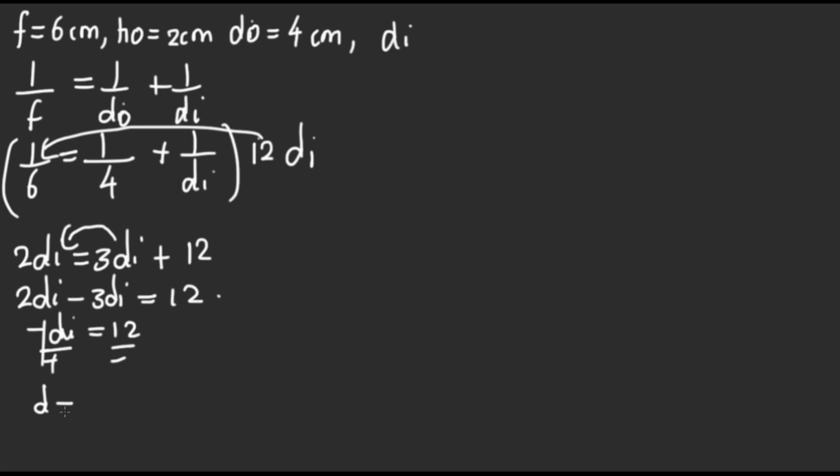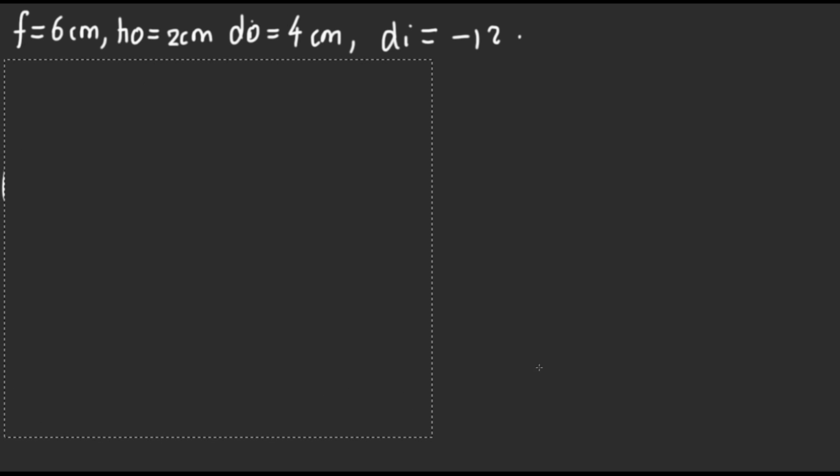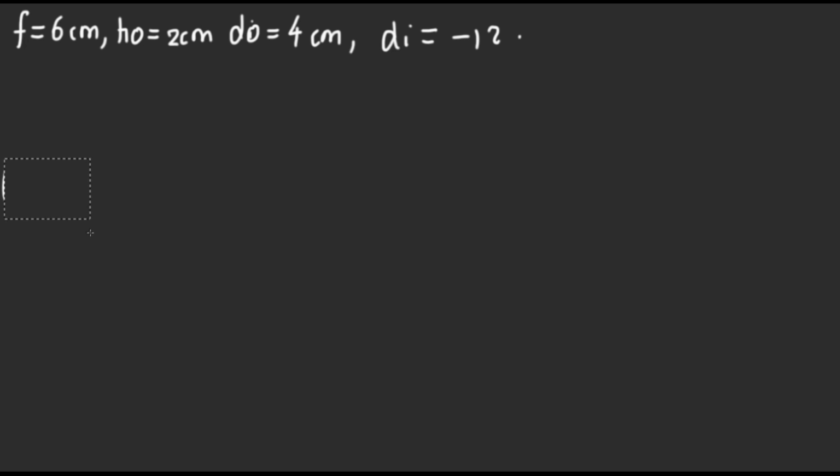So di is equal to negative 12, which simply means that the distance of the image is negative. Now, if the distance of an image is negative, what conclusion can you make even if you do not have a diagram? The conclusion is that the image is virtual, it's not real.